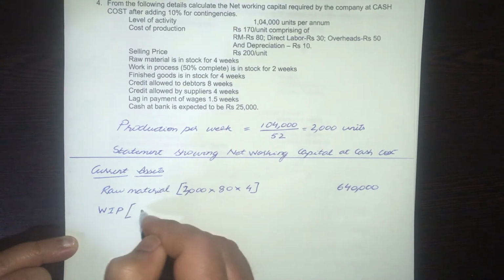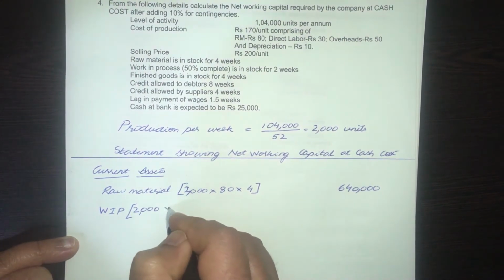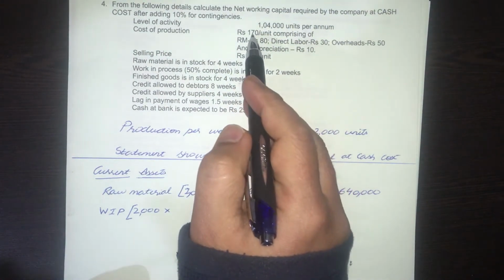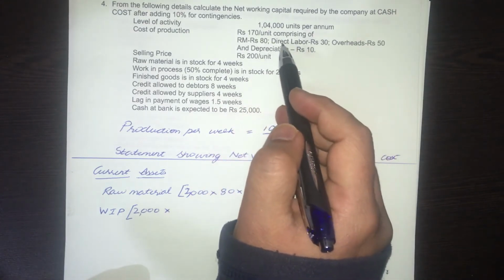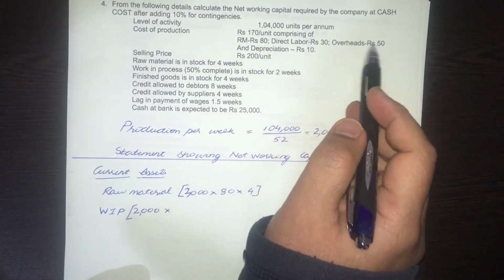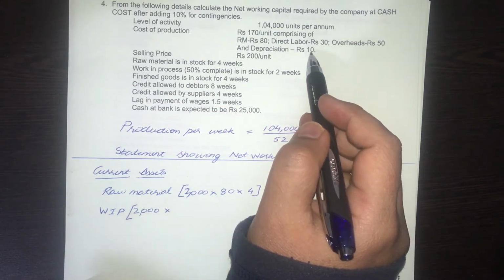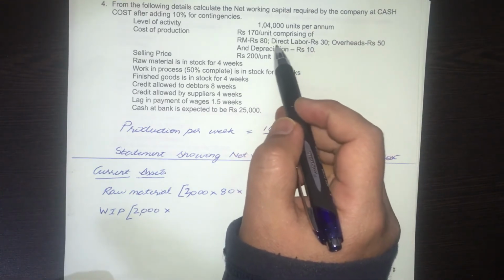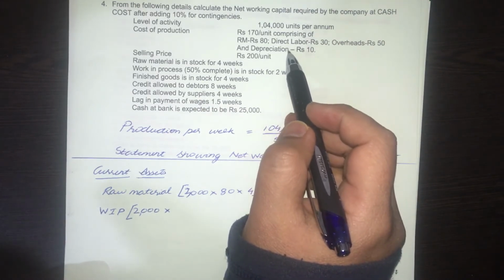Next, work in process or work in progress, WIP. Now WIP will be 2,000 into, now here the cost of production is 170 per unit, which comprises of raw material 80 rupees, labor 30 rupees, overheads 50, and depreciation 10. All right. Now, like I said, at cash cost we have to ignore depreciation because depreciation does not involve a physical cash flow.